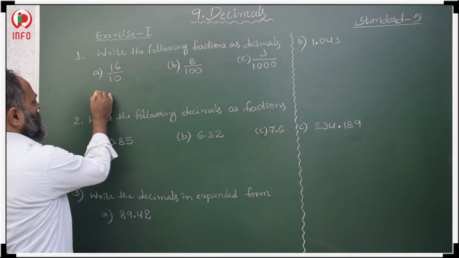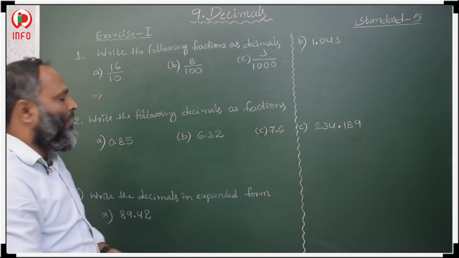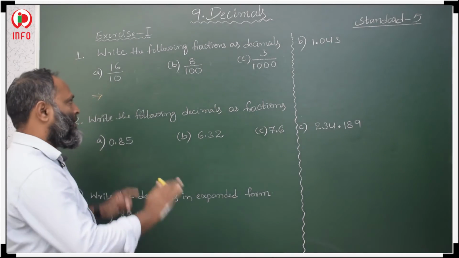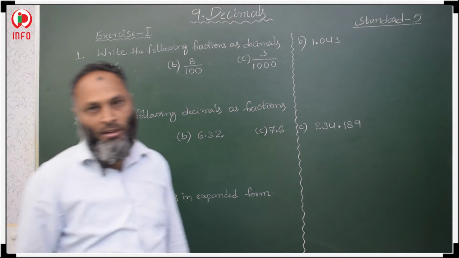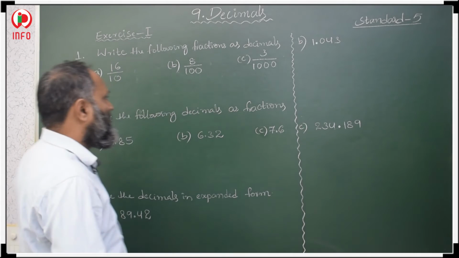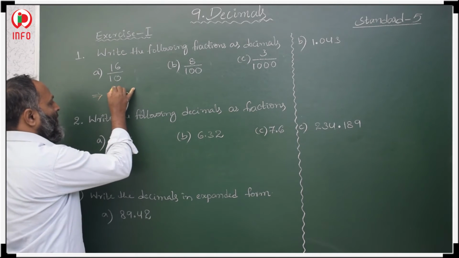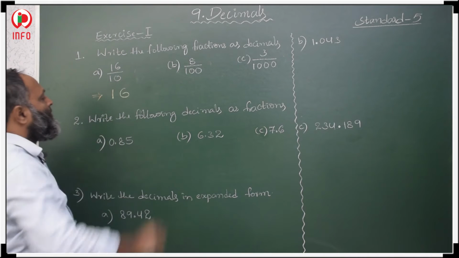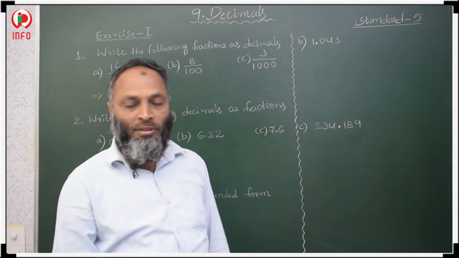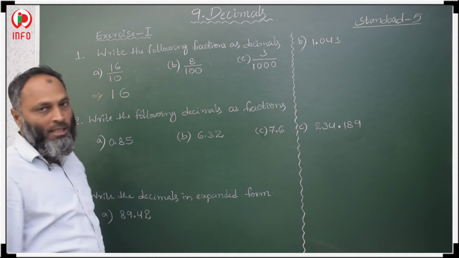See here, 16 by 10 is a decimal fraction. Then how to convert? Whatever decimal fraction is given, first we should take the numerator. So what is the numerator here? 16. Here 16 is the numerator. So write numerator 16 like this.